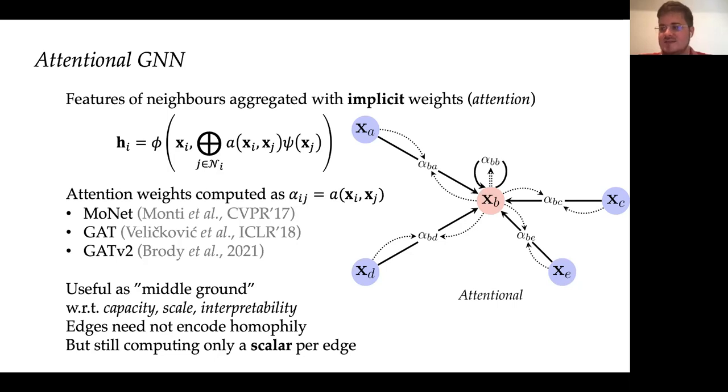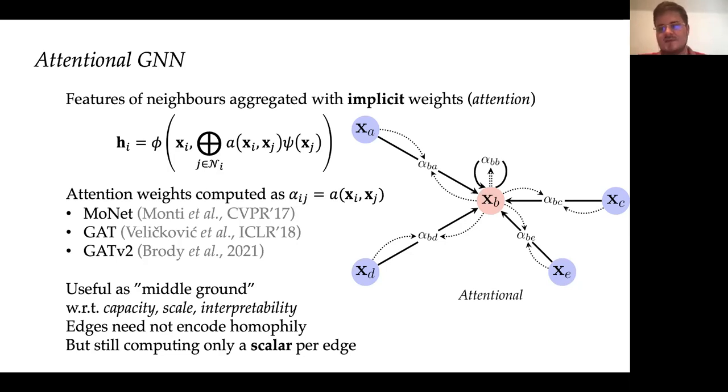And there exist more complex graph neural network architectures that explicitly try to take into account the fact that different neighbors could be valued differently, and this could be done in a feature-dependent manner rather than a pure graph topology-related manner. And one very natural way to do this is by using an attention mechanism.